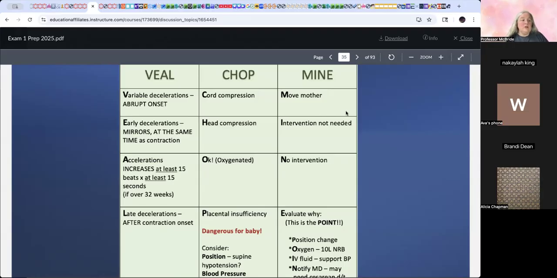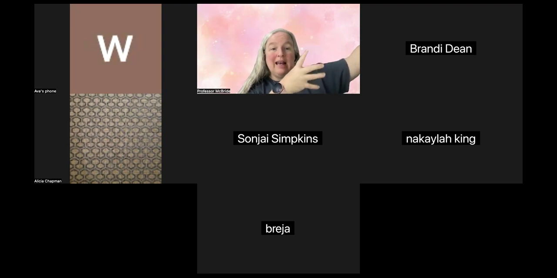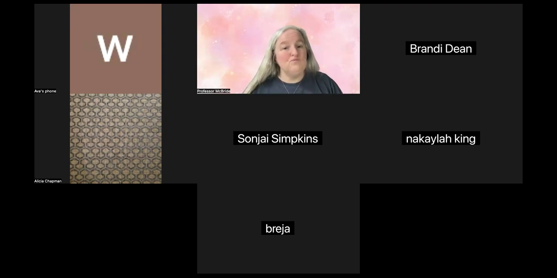The things that can clue you in are if her water just broke. That's a huge time that we see a cord prolapse. So if our tracing's been great and now the water broke and now I'm having big decels, that could be a sign of cord compression because of a cord prolapse as opposed to other things that compress the cord.